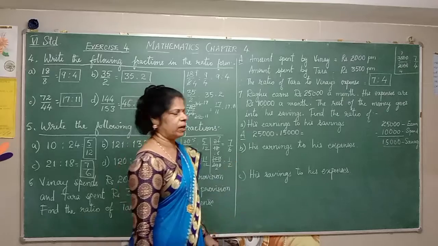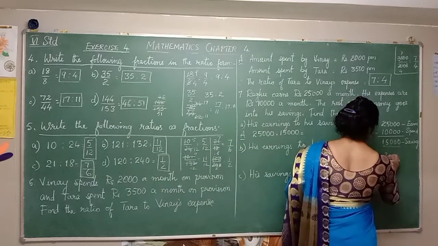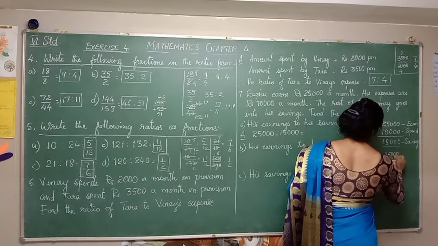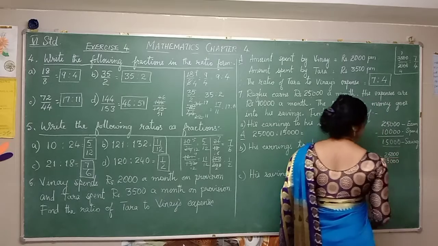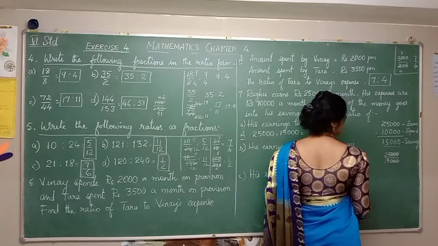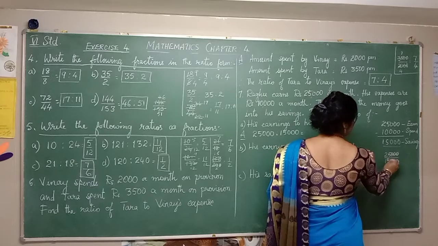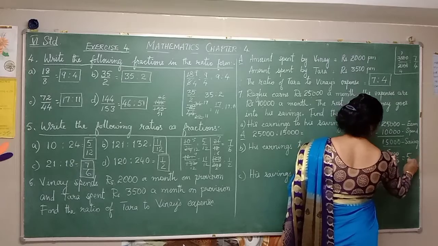You have to simplify. When you simplify, what happens? See here, 25,000 by 15,000. These 3 zeros cancelled. Then 5 3s are 15, 5 5s are 25. So what is the answer here? 5 by 3.